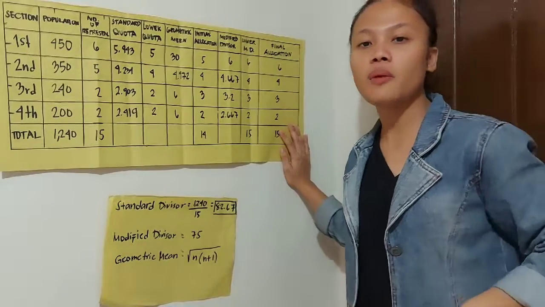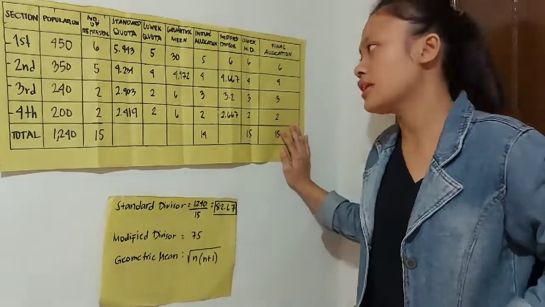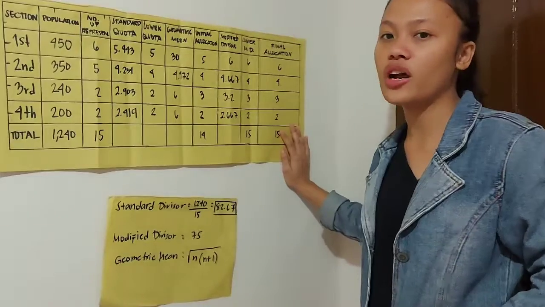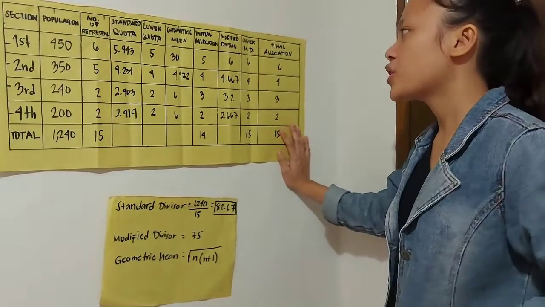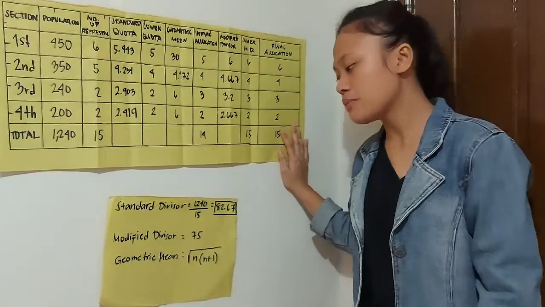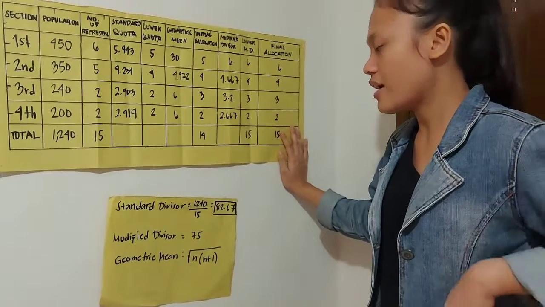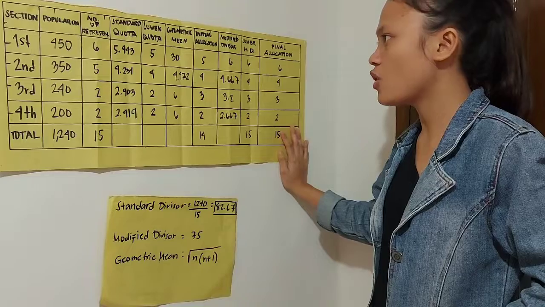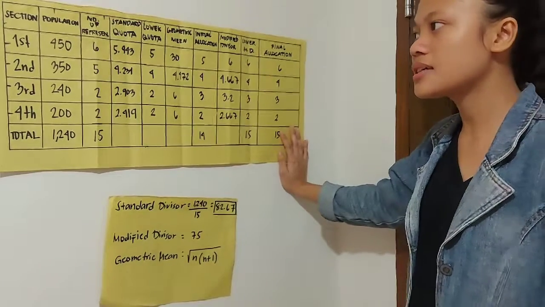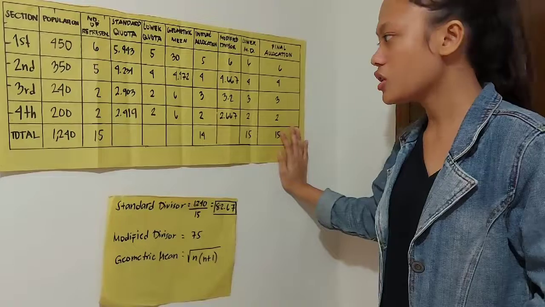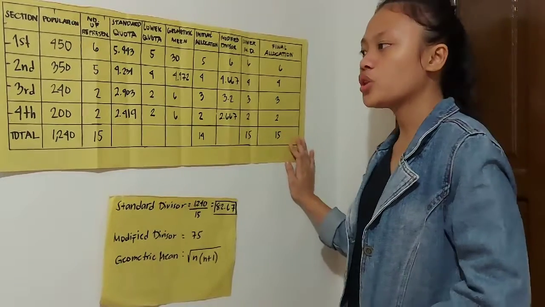But the problem is we have recruited 15 individuals. So we need to get the modified divisor for us to have 15 persons in total. I tried several numbers, but then I came up with 75, which gives a modified quota of 6 for the first section, 4.667 for the second, 3.2 for the third, and 2.667 for the fourth.